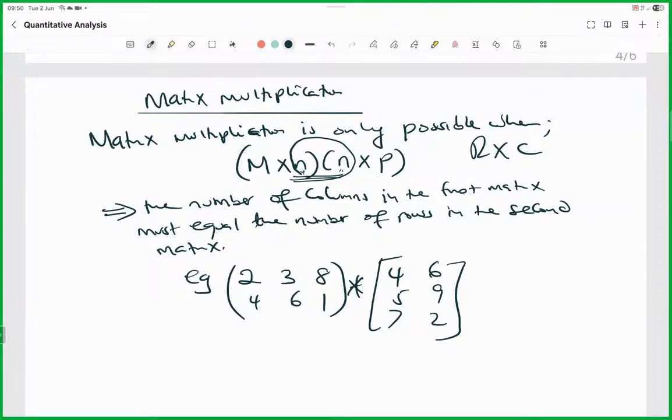Can someone tell me the order of the first matrix? Anybody who is able to see the order of the first matrix?